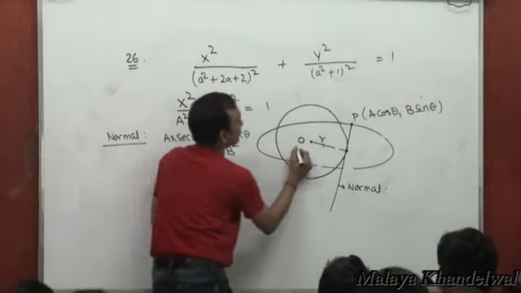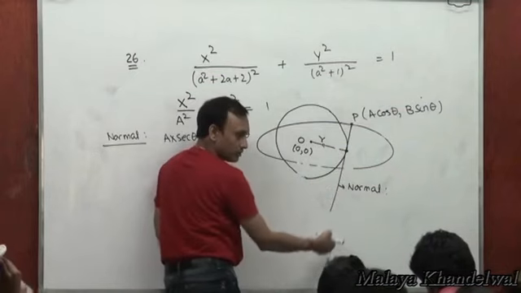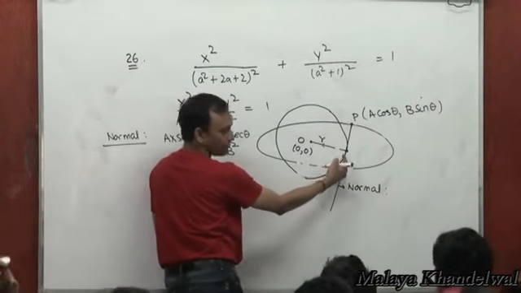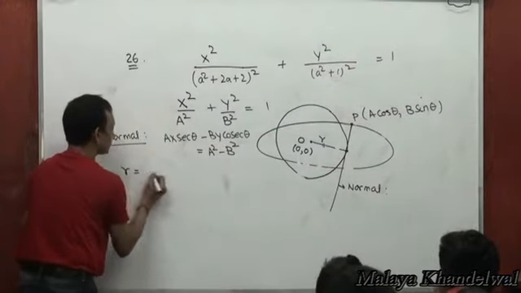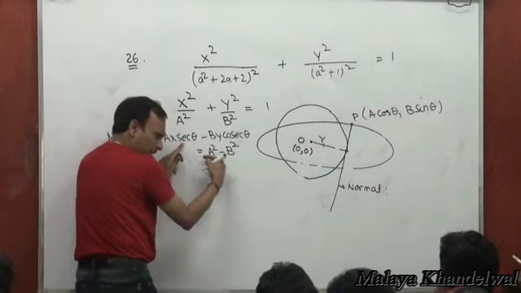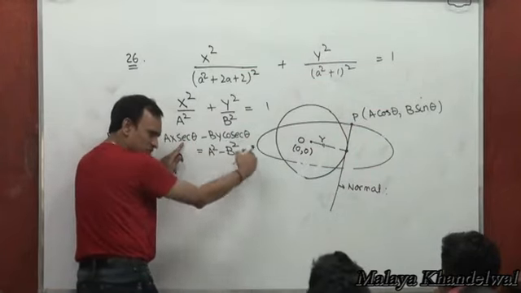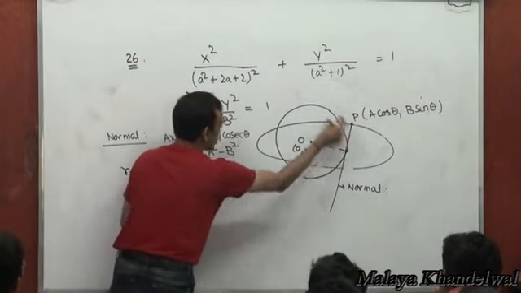Now, what is r? r is the distance of (0, 0) from the normal. Put everything on the same side: ax sec theta minus by cosec theta minus (a squared minus b squared) equal to 0. Put x equal to 0, y equal to 0, the perpendicular distance of (0, 0) from this line.